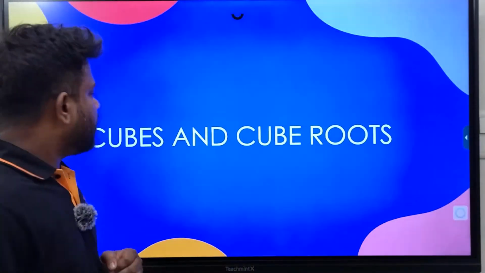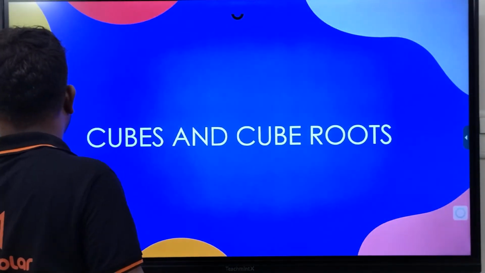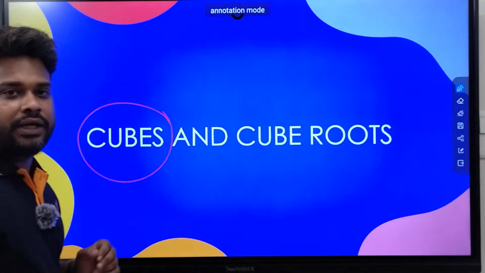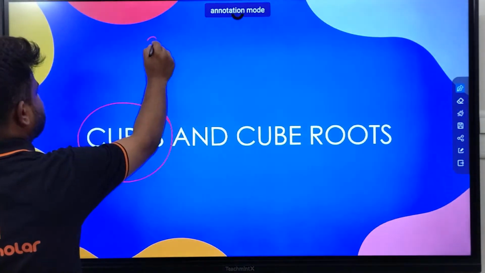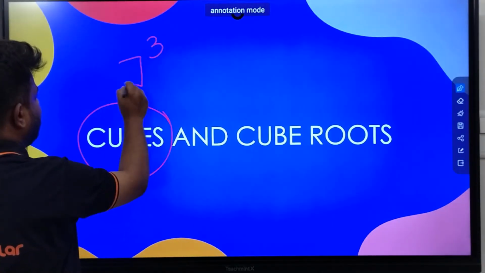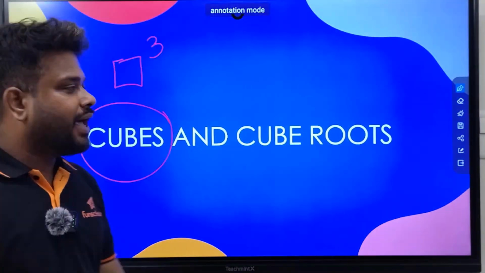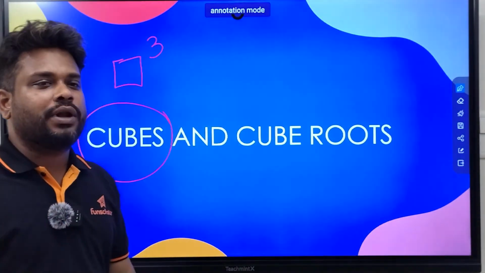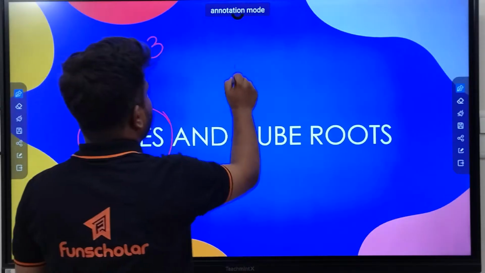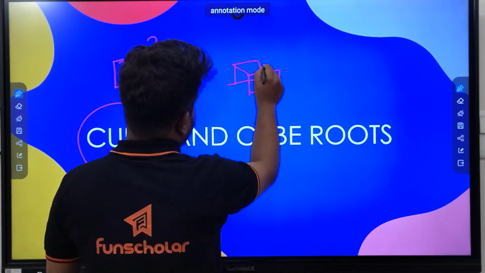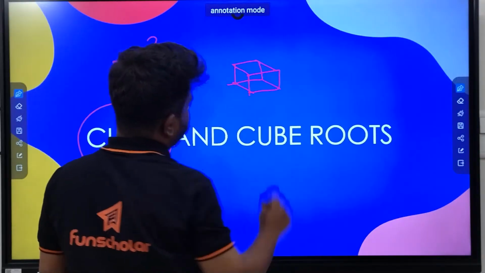Okay, so let's start. The first thing we get from the word cubes is this: something here and 3 in the power means cube. Maybe you are wondering, we already know that a cube looks like this, right?